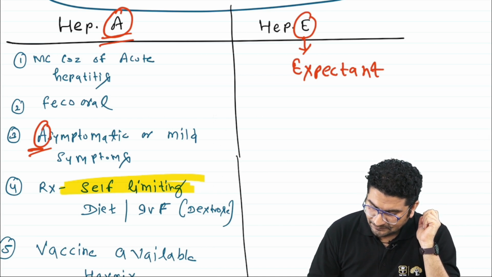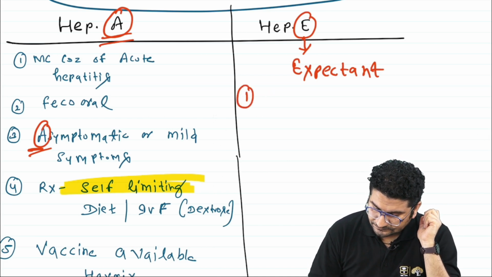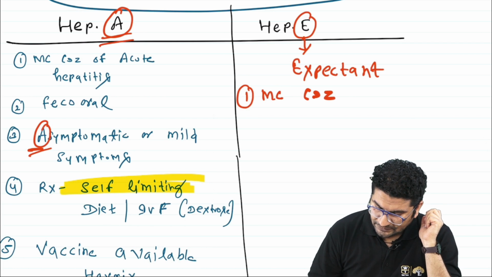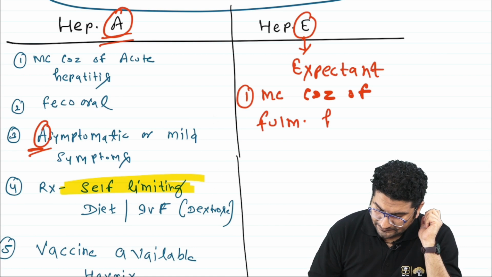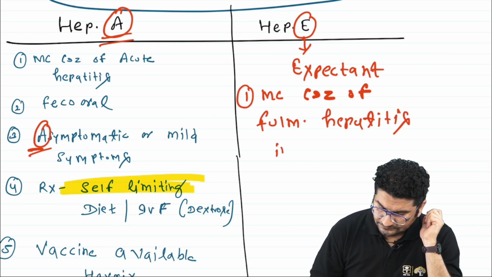This is the most common cause of fulminant hepatitis, or dangerous hepatitis, in pregnancy.